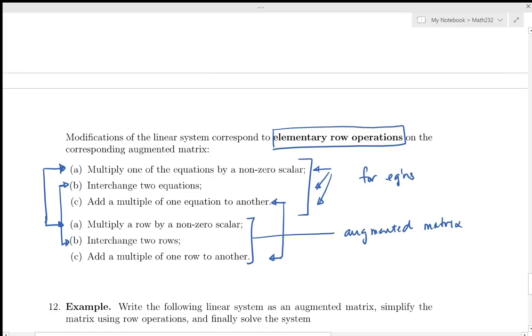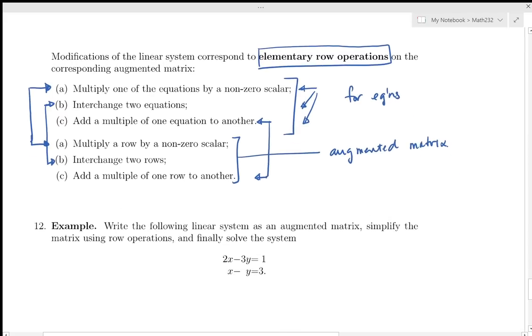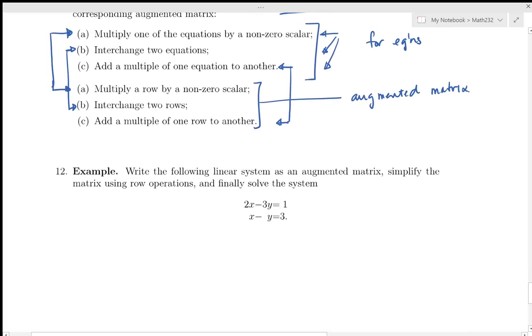Okay, we'll take a final example, and I'm going to go through this in what I would call gory detail to show how we can take a system of linear equations. In this case, it's a fairly simple system. We've got two equations and two unknowns. We can write the augmented matrix.